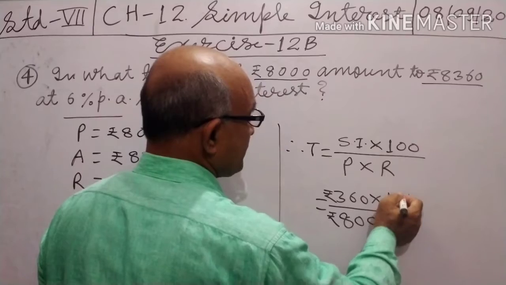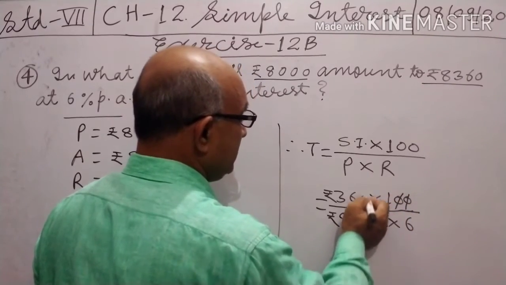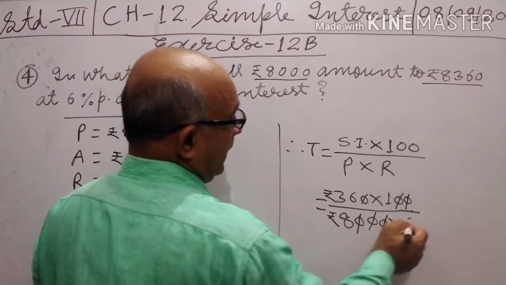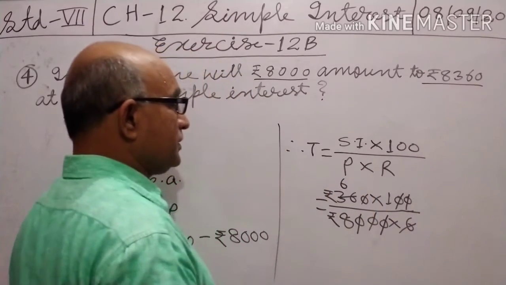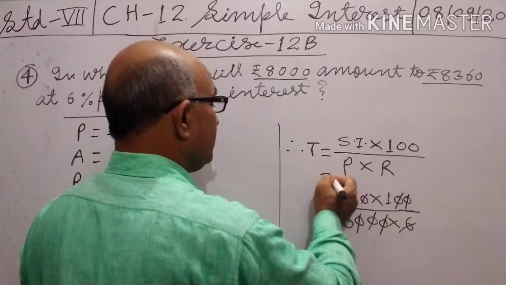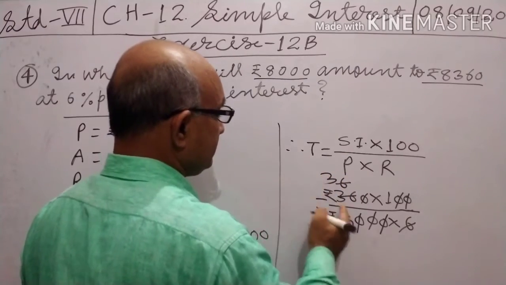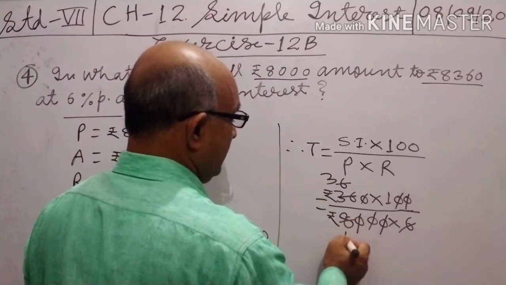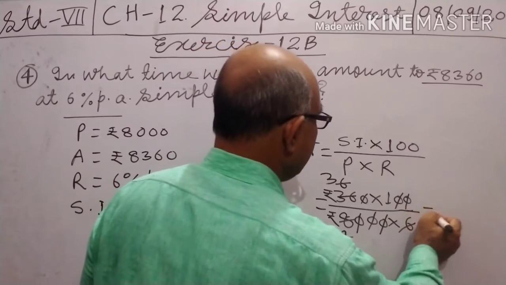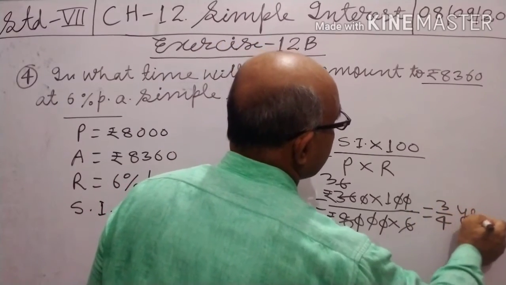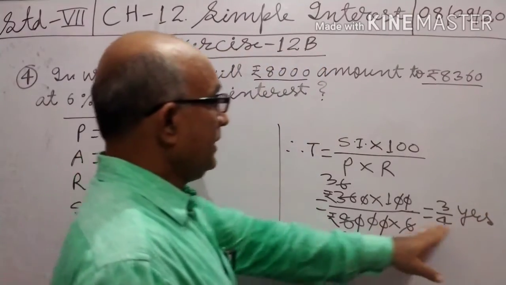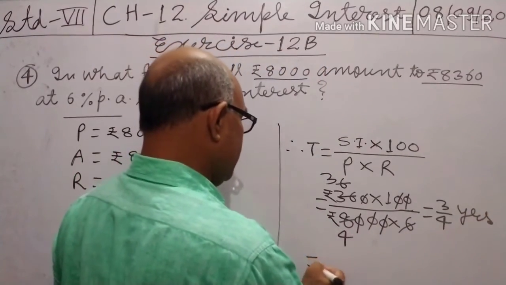Cancel the zeros. Now 6 6s are 36. 3 2s are 6 and 4 2s are 8, equal to 3 by 4 years. Years change into month.